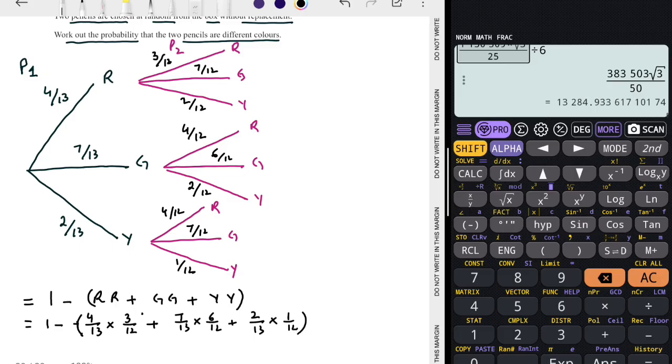We will simplify it. So it will be 1 minus, 4 ones are 4, threes are 3, will cut by 3, it would be 1 over 13, plus 6 ones are 6, 6 twos are 12, so it would be 7 over 26, plus 2 ones are 2, 2 sixes are 12, and 13 times 6 is 78. So it will be 1 over 78.